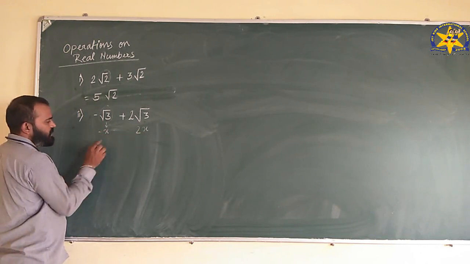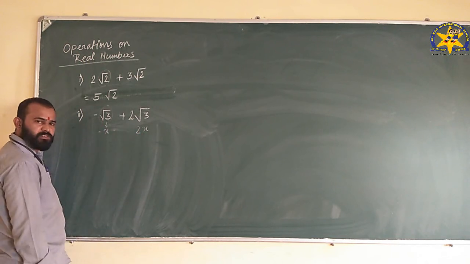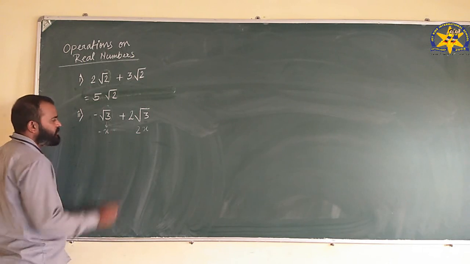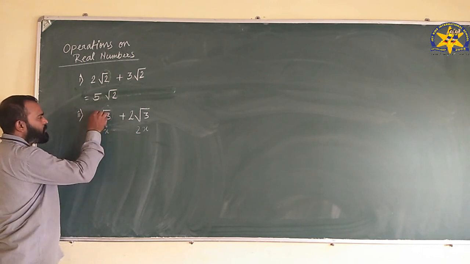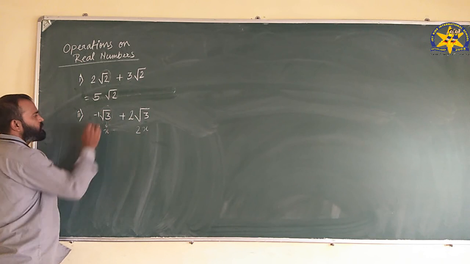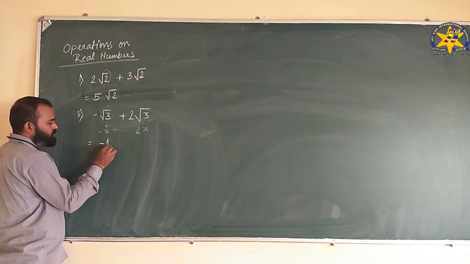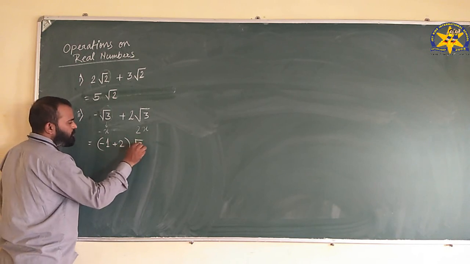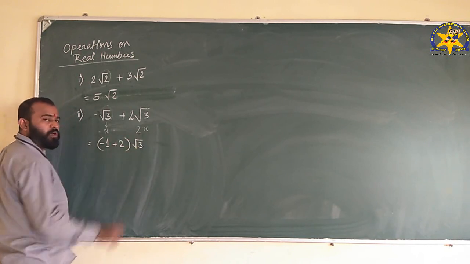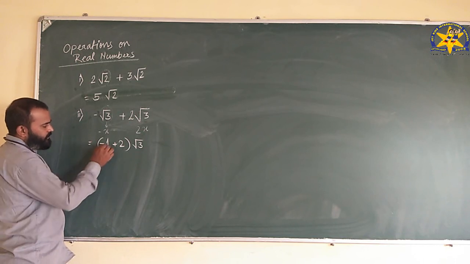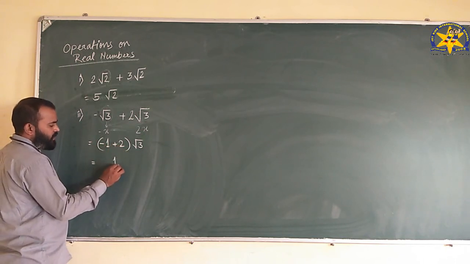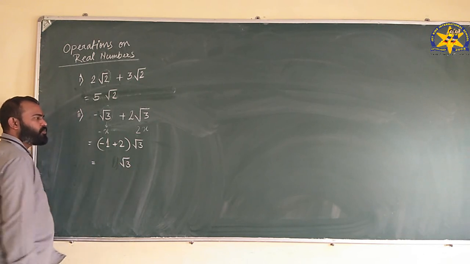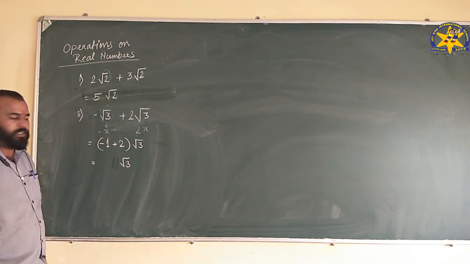Here there is a minus sign. Here are like terms, so like terms can be added. Here there is nothing written, meaning it is 1, so here it will be minus 1 plus 2, √3. There is no change in the variable. It will be minus plus, the sign of the greater number, that is 1√3. You can write it as √3 also, right?